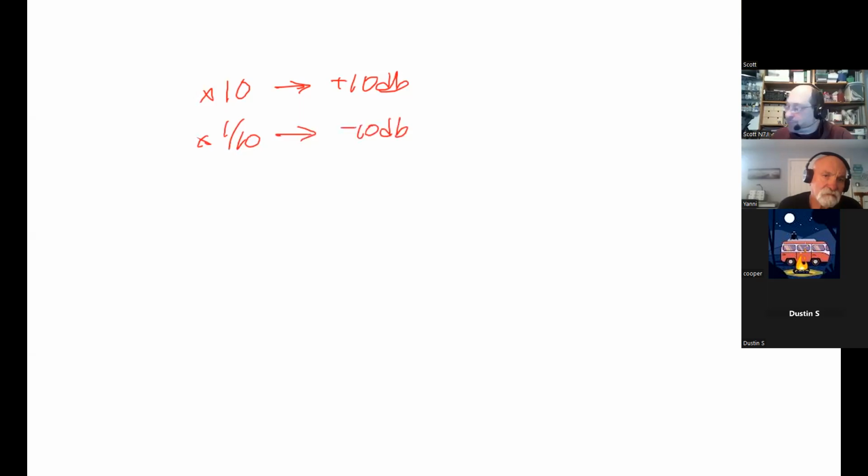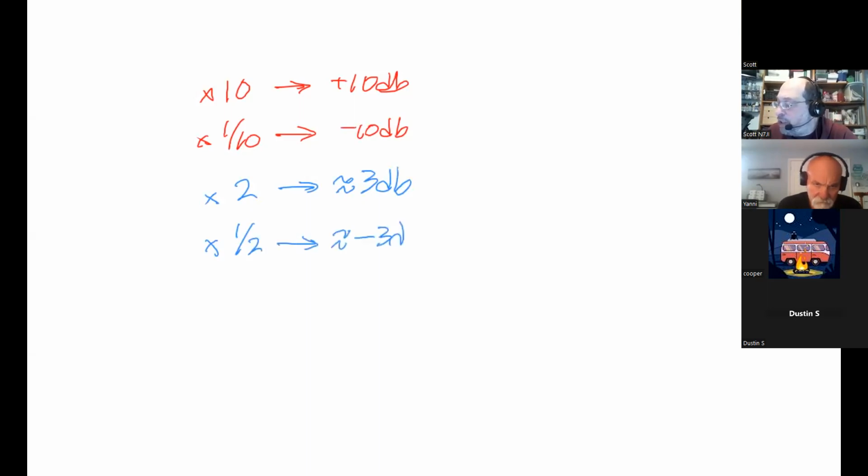If I go up by a factor of 10, that's plus 10 dB. If I go down by a factor of 10, that is minus 10 dB. If I go up by a factor of 2, that is about 3 dB. And if I go down by a factor of 2, that is about minus 3 dB.